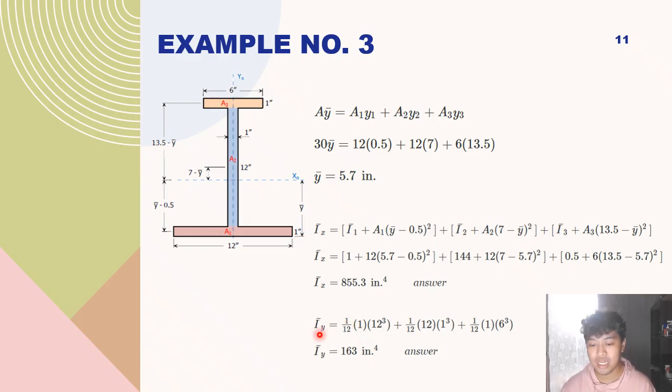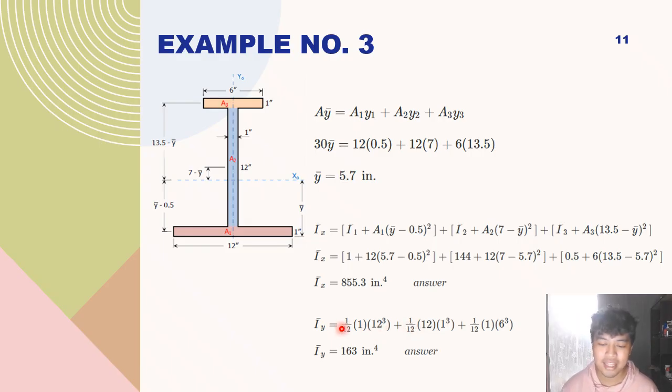So that's what we're doing here. We have Iy equal to base 1 times height 12 inches, so that is for area 2. Sorry, I made a mistake. Anyway, base is 1 and the height is 12 inches.